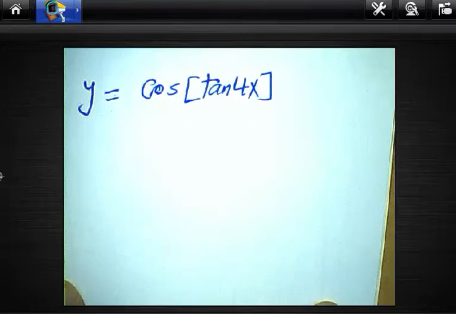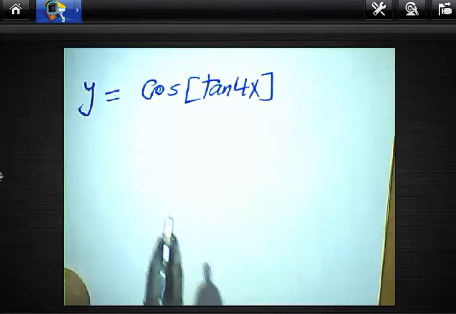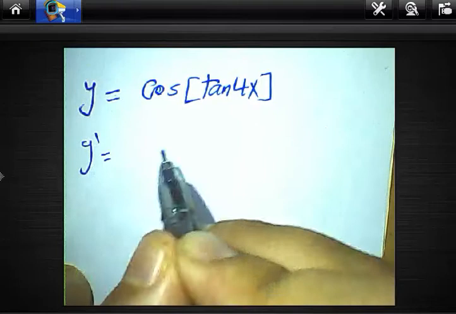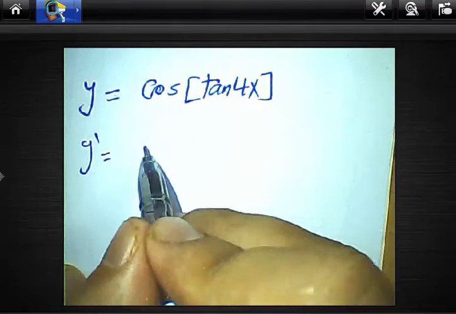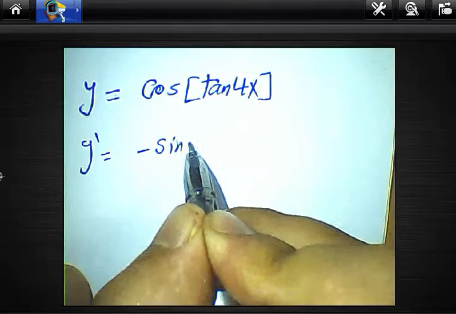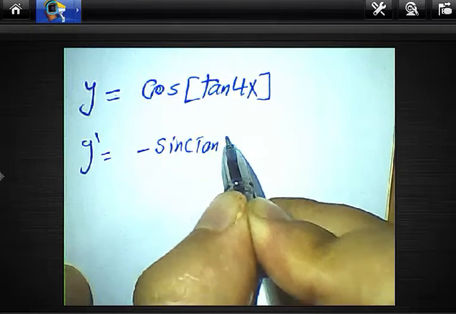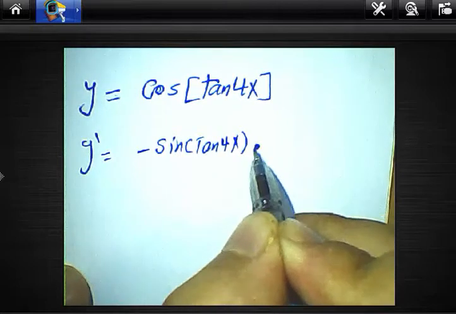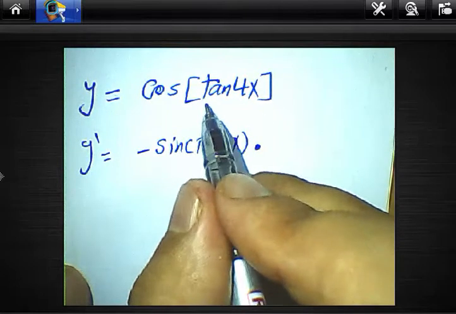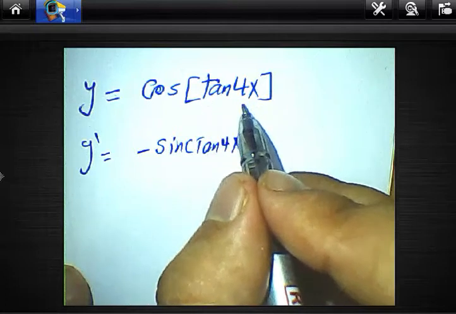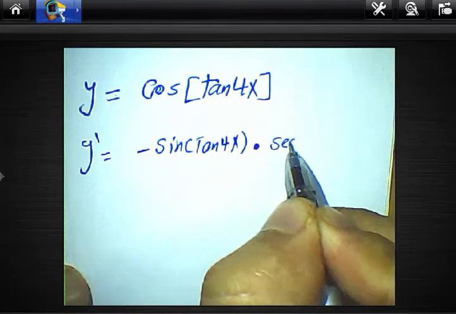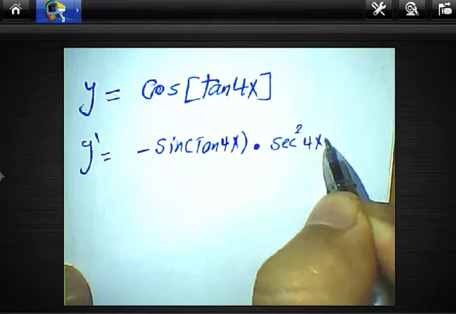in this example, we want to find the derivative about cosine tan 4x. First, we can find the derivative about this function. Cosine will be negative sine. The derivative about cosine will be negative sine angle tan 4x. And then we can find the derivative about this angle. The derivative about tan will be sec power 2, sec power 2 4x.